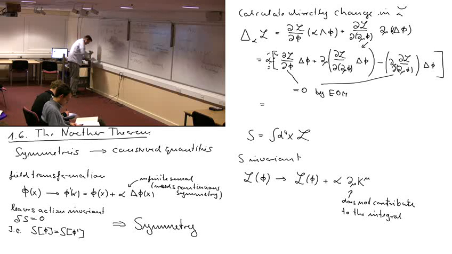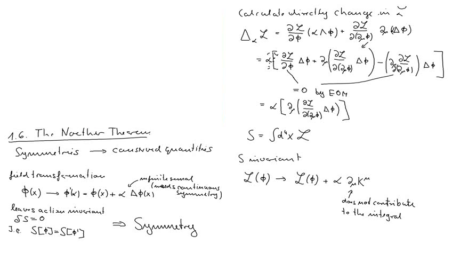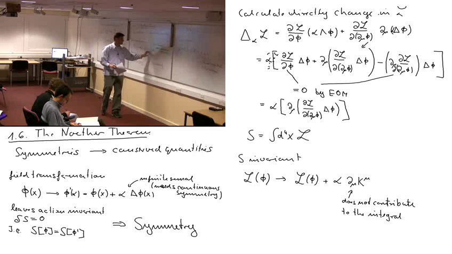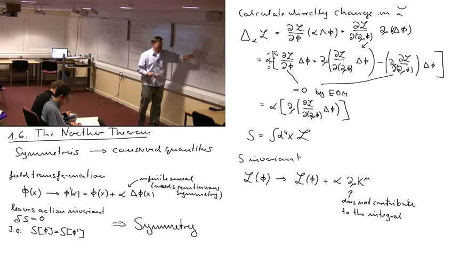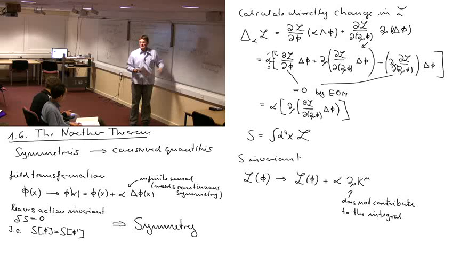So our change in the Lagrangian, after applying the equation of motion, is simply this term d mu dL by d d mu phi delta phi. So that's our left-hand side. That's our change in the Lagrangian density, which we obtained directly by plugging in our field transformation. And this over here is our right-hand side, which is a change which we are allowed to have.